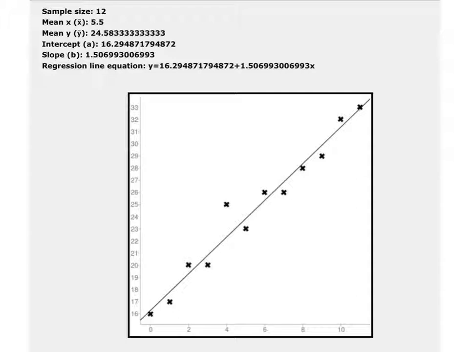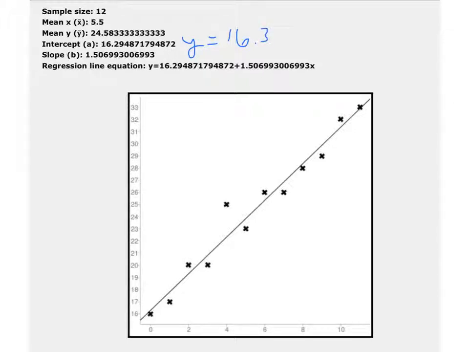The mean y is the average of the output values, and again we don't need this accuracy, so we would say it's roughly 24.6 as we're working with it. The intercept you can see right here, and that will be the y-intercept, and again we don't need this kind of accuracy on our graph, so we would say that the y-intercept would be roughly 16.3 if we're graphing it.